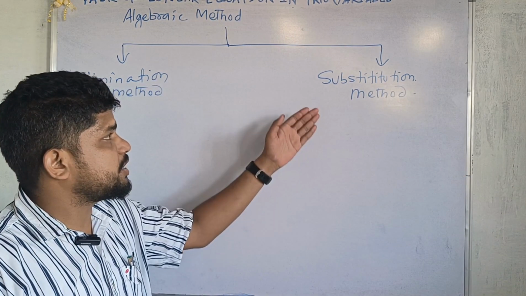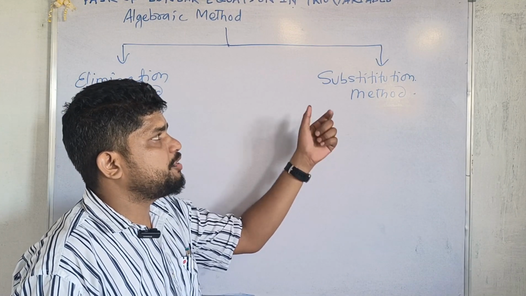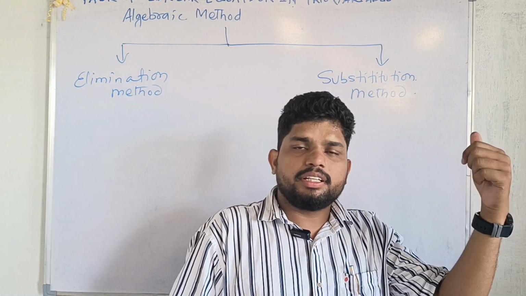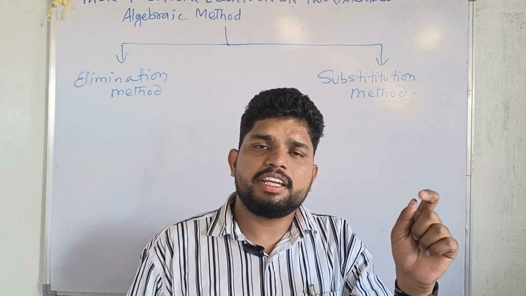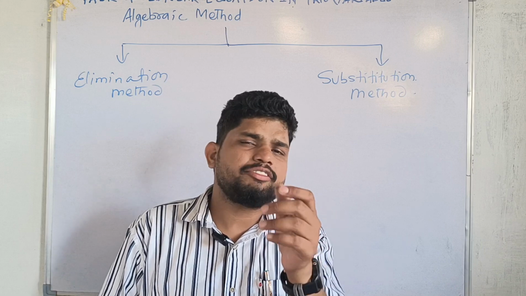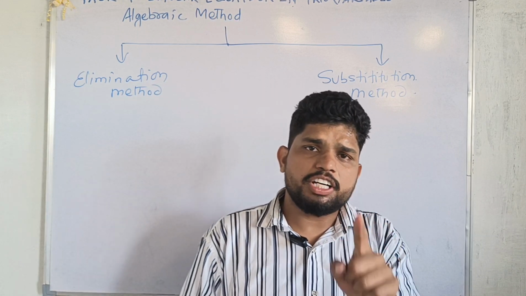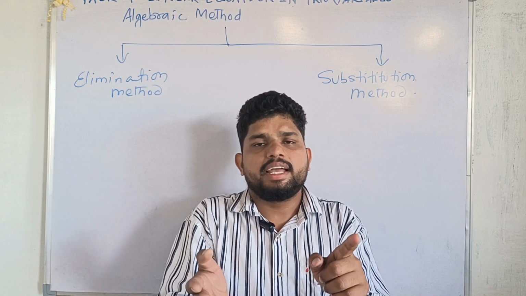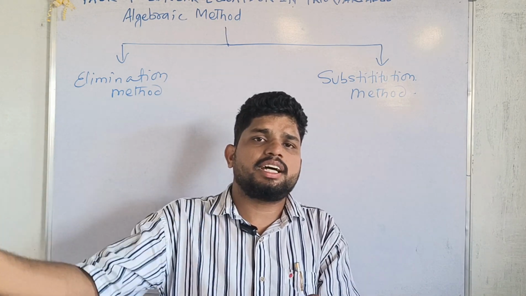Now, talking about the substitution method, as the name suggests, under this method we substitute. What do we substitute? From the pair of linear equations, we take any one equation, and we take the value of the first variable in terms of the second variable, and we put that as equation number 3.